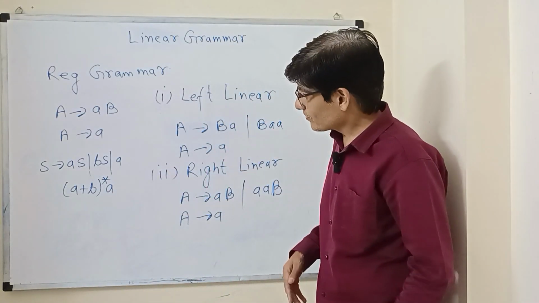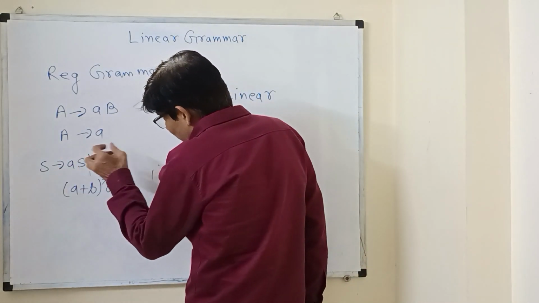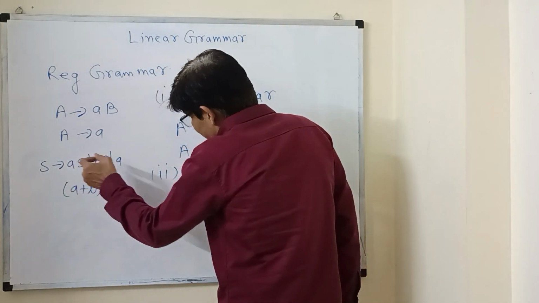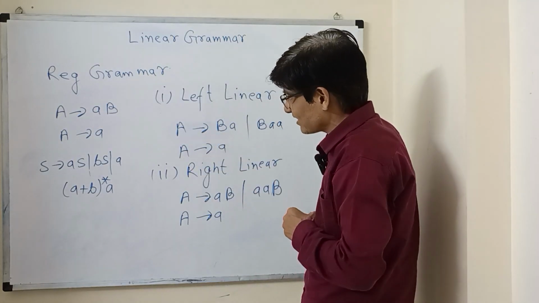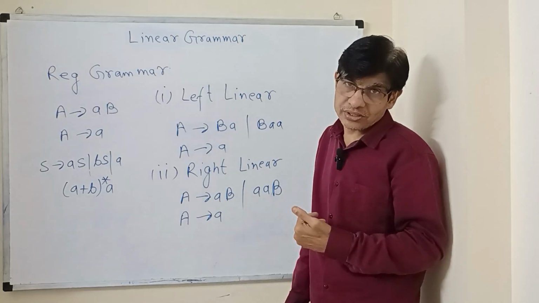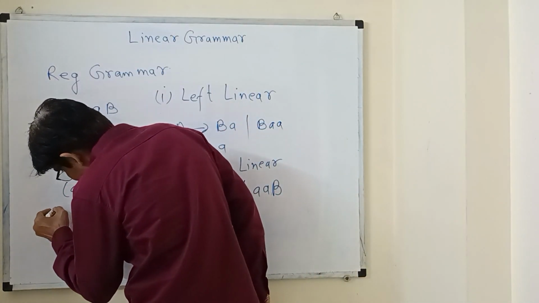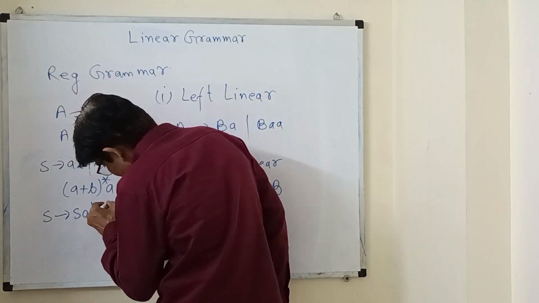Now suppose I convert this right linear grammar into left linear grammar just by reversing the right hand side of production, then it will be like this: S gives Sa, Sb and a.